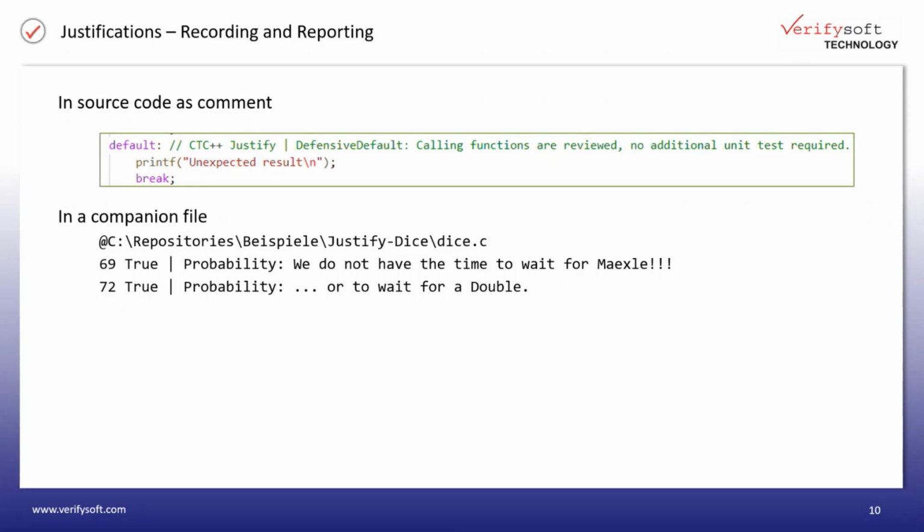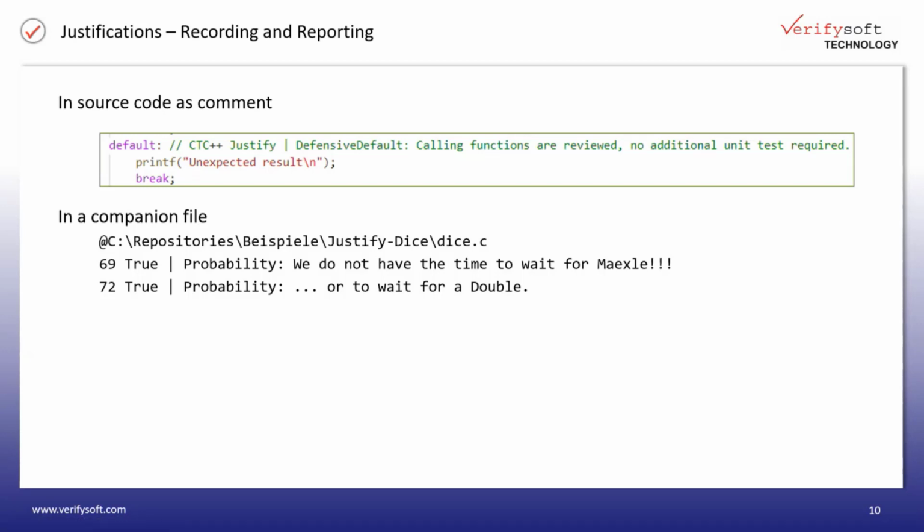So you can also store justifications in a companion file. It's a simple text file with a simple format. You have to say which file you refer to, then give the line number, a kind of type we need, and then the justification again. This has the advantage that you do not need to change your source code.